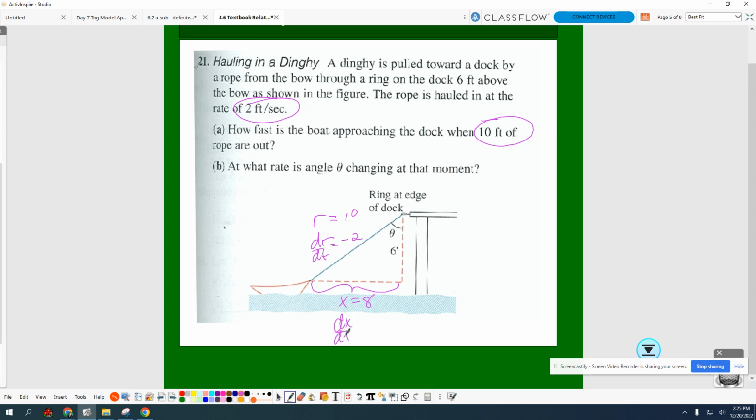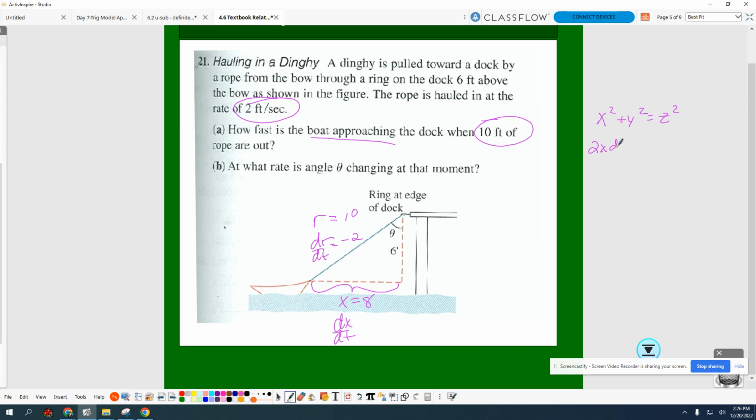Do I know dx/dt? That's what we're looking for. How fast is the boat approaching the dock? Okay, what equation do I set up that uses these things? I'm looking like I need these 3 lengths. x squared plus y squared equals z squared.